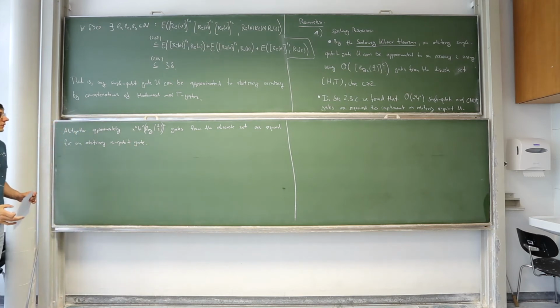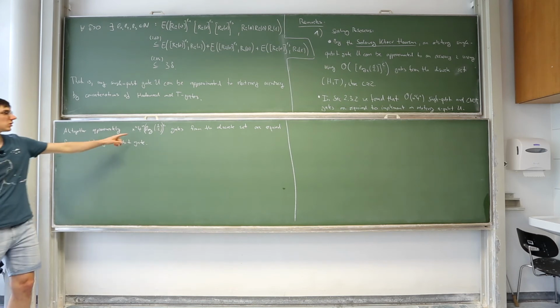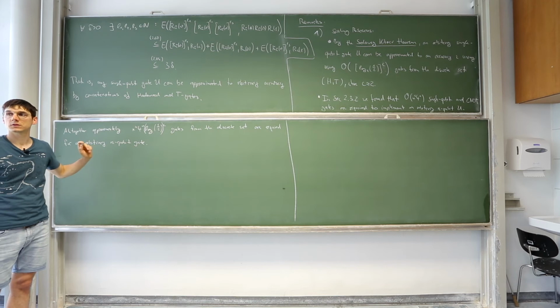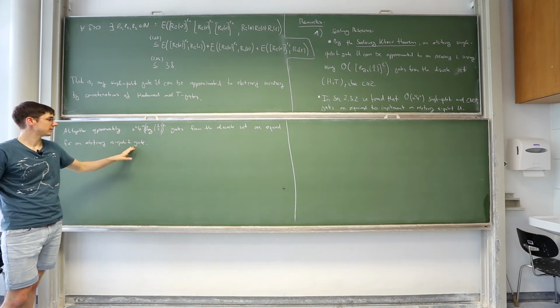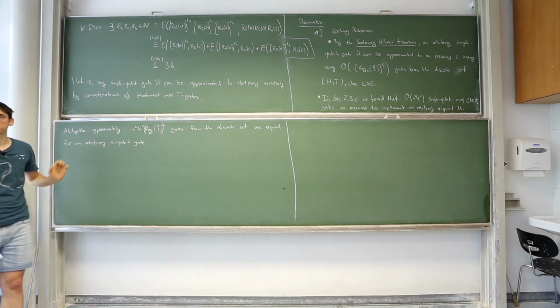Okay, so just saying again that if you put this together, we do need in general an exponential number of gates from our discrete gate set in order to perform an arbitrary n-qubit gate.